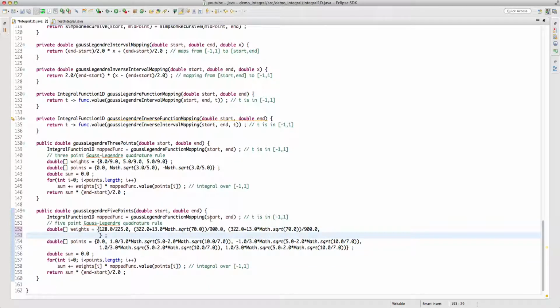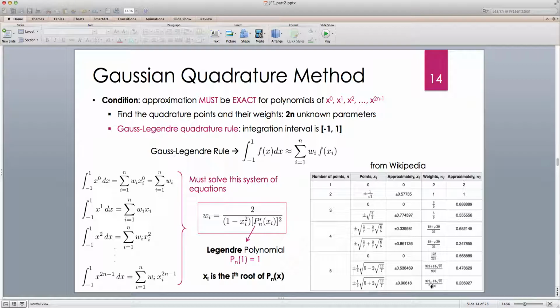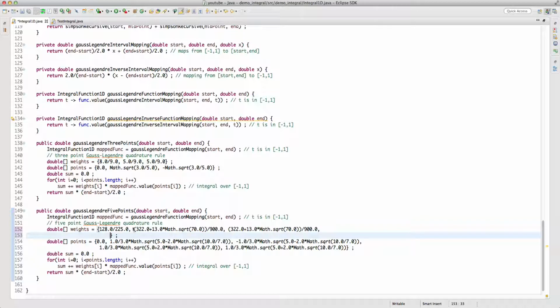And for the next ones, we have 322 minus 13 square root of 70 over 900. We just use a minus sign. 322 minus 13 square root of 70 over 900, and the next weight is also the same.